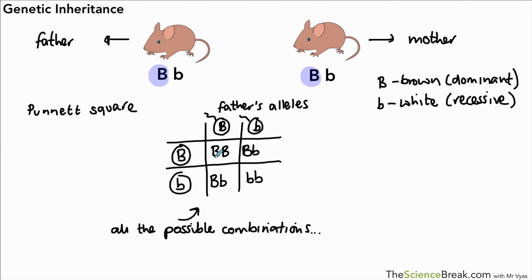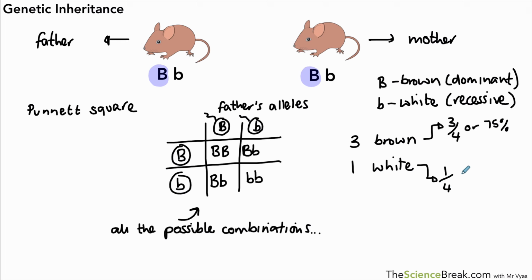So we can see quite clearly that we've got a brown mouse, a brown mouse, a brown mouse, and the last one, two recessive alleles, gives a white mouse. So we've got three brown mice and one white mouse. So we could say that 3/4 of the mice are going to be brown, or 75%, and 25%, or 1/4, will be white. And we can describe this as a probability or a percentage chance of these colors happening by doing this calculation.